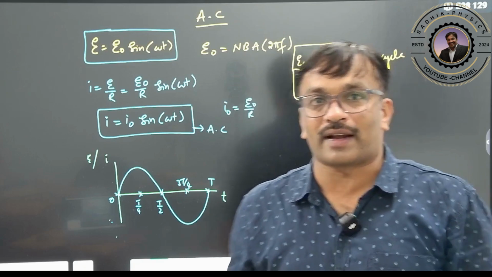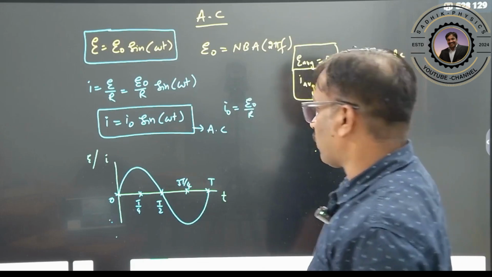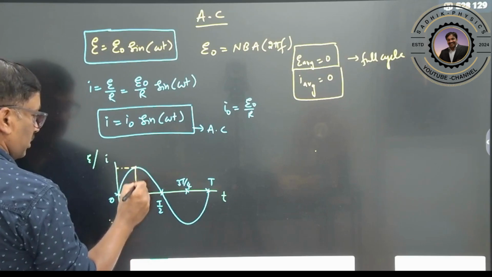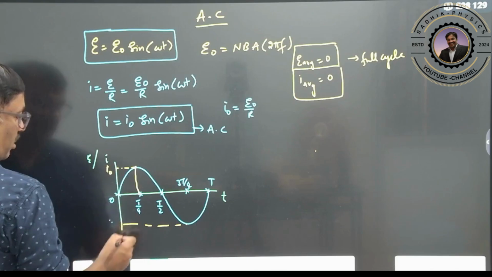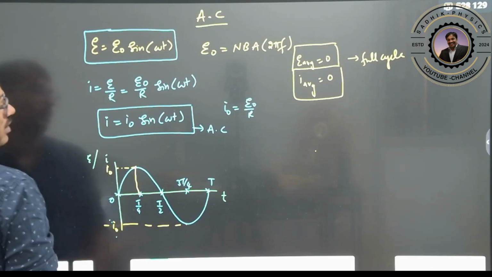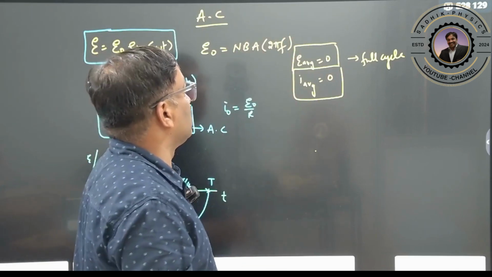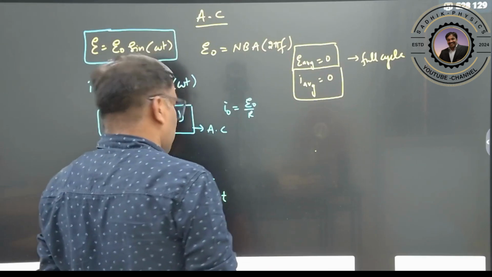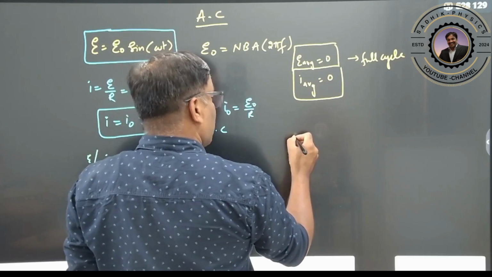Therefore, how do we calculate the effective value? Here these are the peak values, I naught or E naught, and this is minus I naught. Clear? The average values are 0. So what we will do is use the effective value, that is the RMS value.